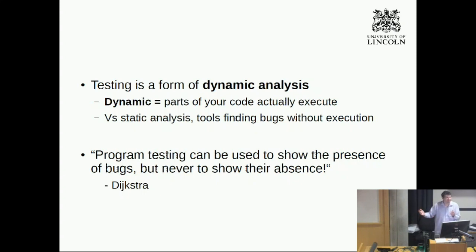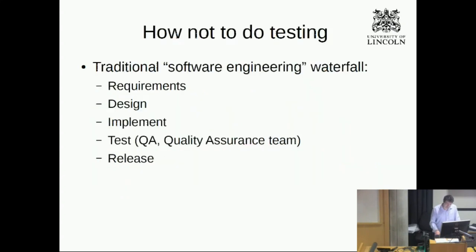You could spend days and weeks writing hundreds and thousands of these tests, but you will never be able to cover everything. In a formal proof, you prove things for all inputs. You have this upside down A, meaning for all. But with testing, you're only ever going to get a sample. So there are still bugs that can sneak through. You can have all the tests in the world and still the possibility of a bug sneaking in.